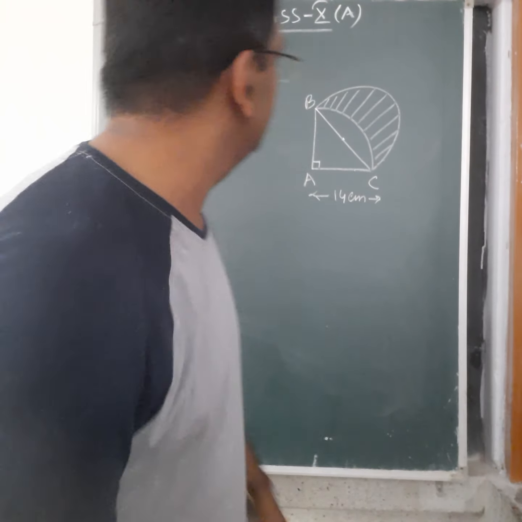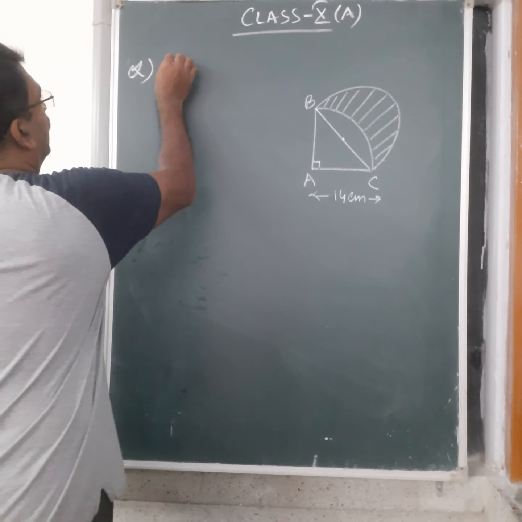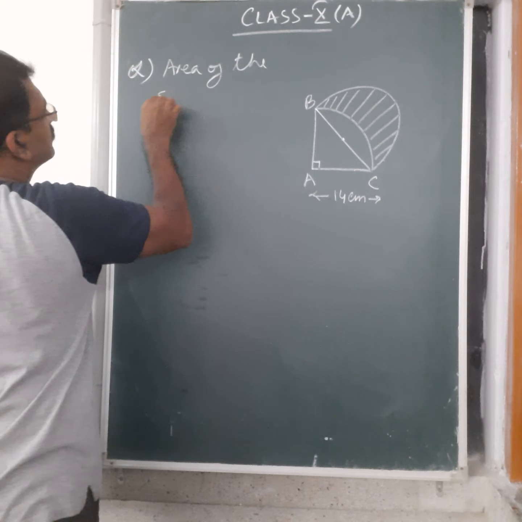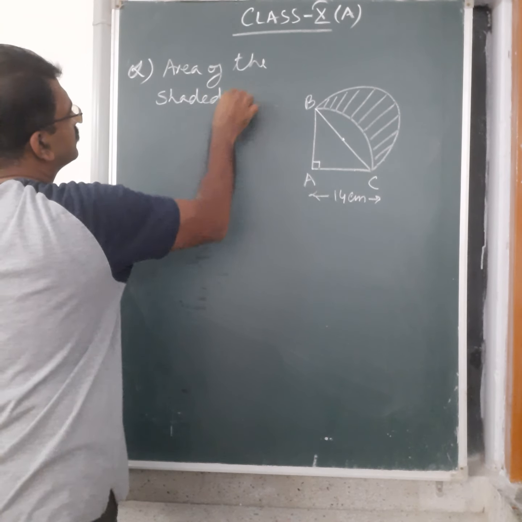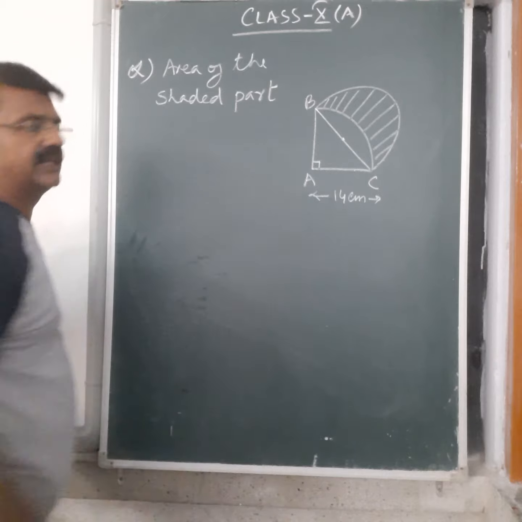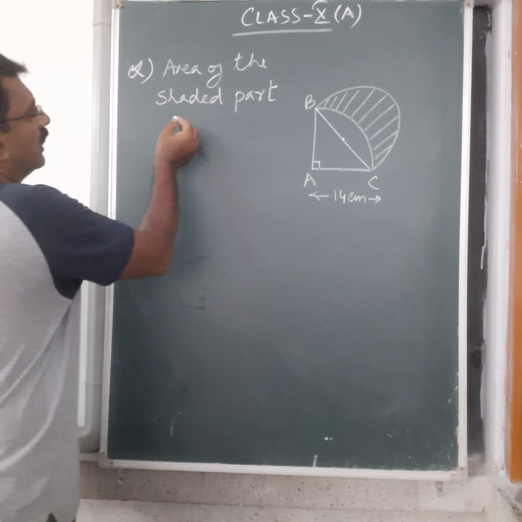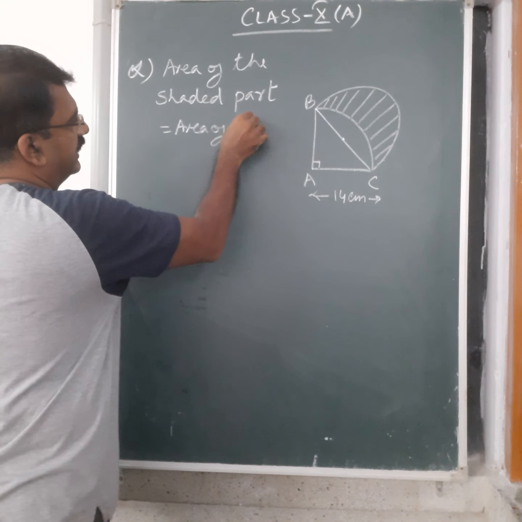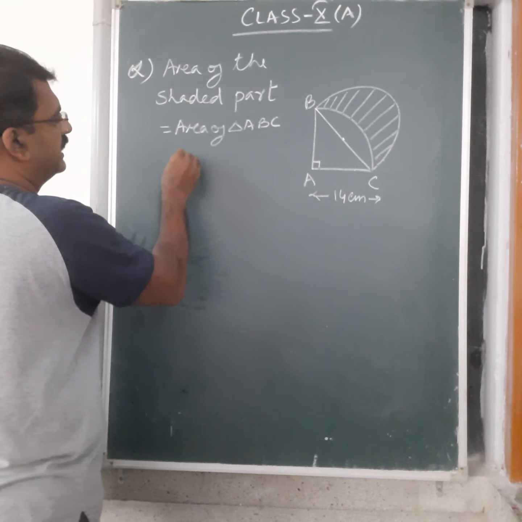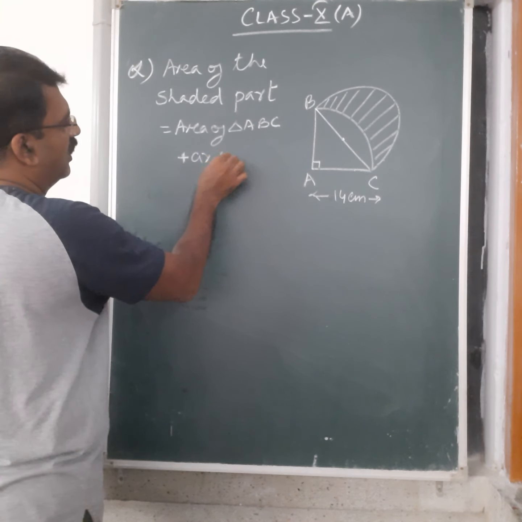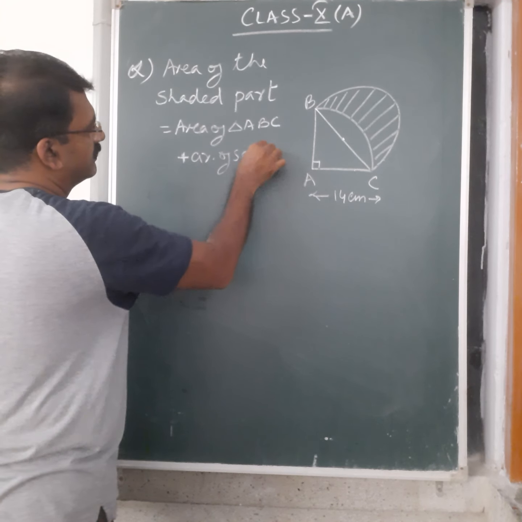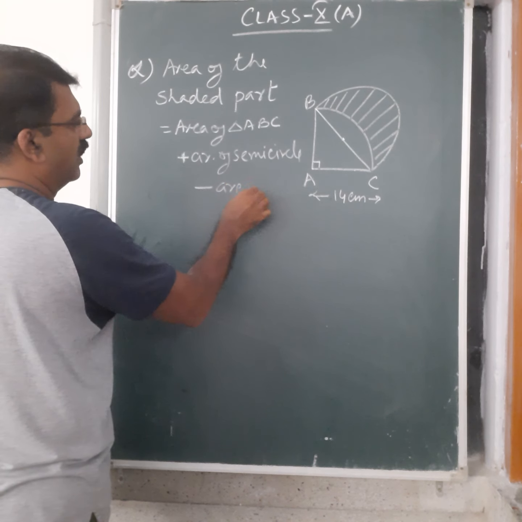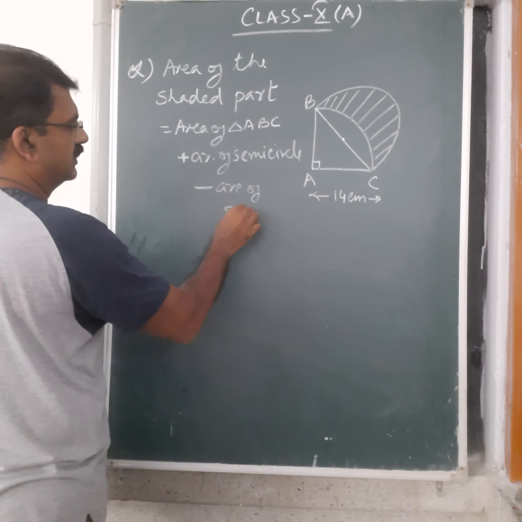Now all of you pay attention. To find the area of the shaded part, area of triangle ABC plus area of semicircle minus area of quadrant.